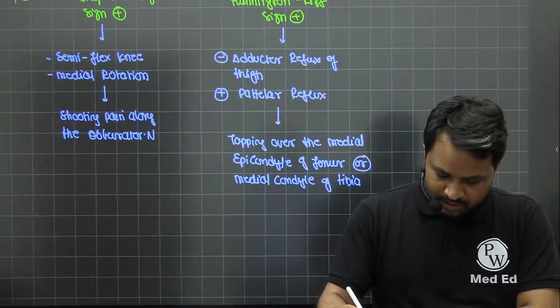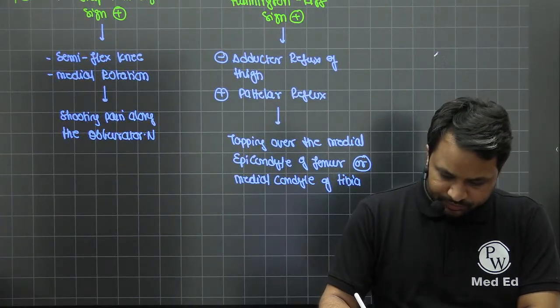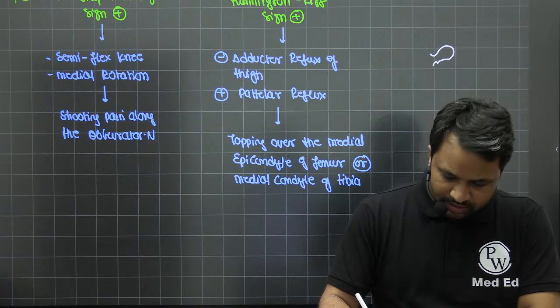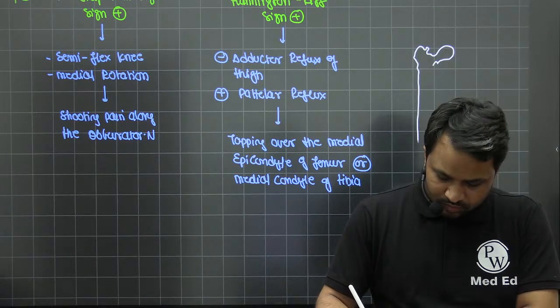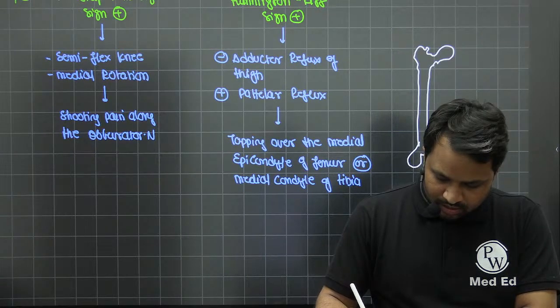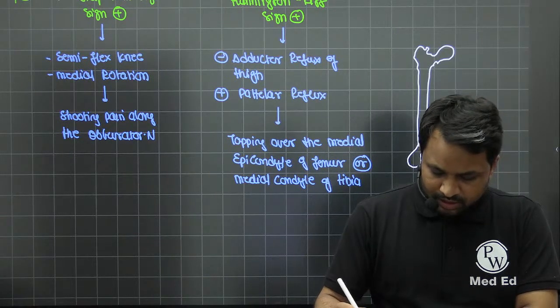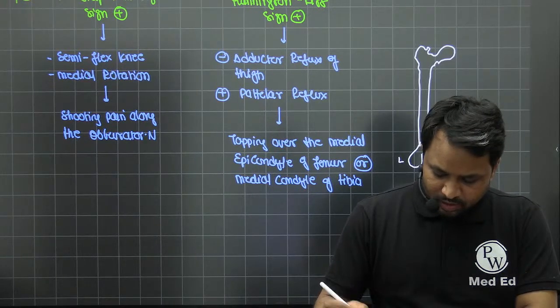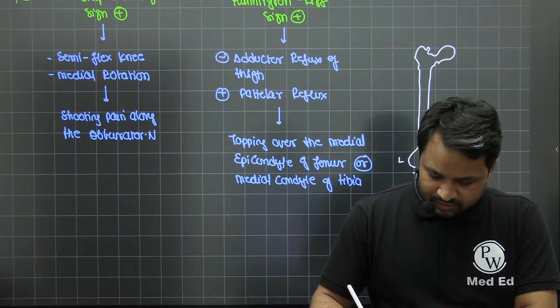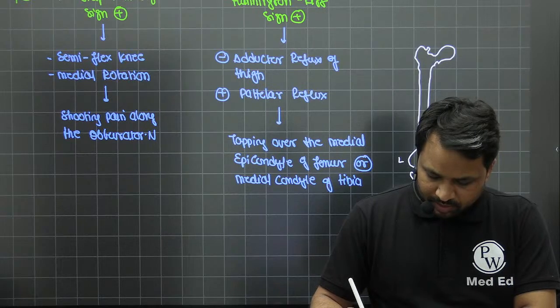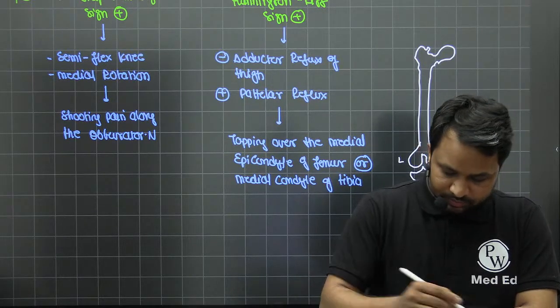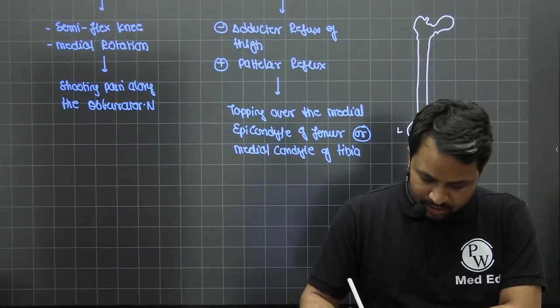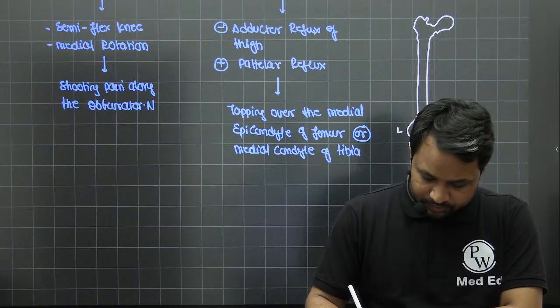So when you look at this representation, this is how your femur would be oriented, and this is how the joint would look. This is the medial side, this is the lateral side, this is the medial epicondyle. In the same way, you will have the tibia also, and this is the medial condyle of the tibia, right?